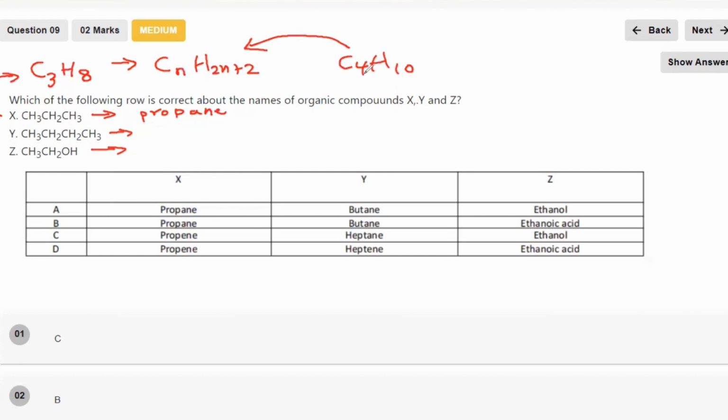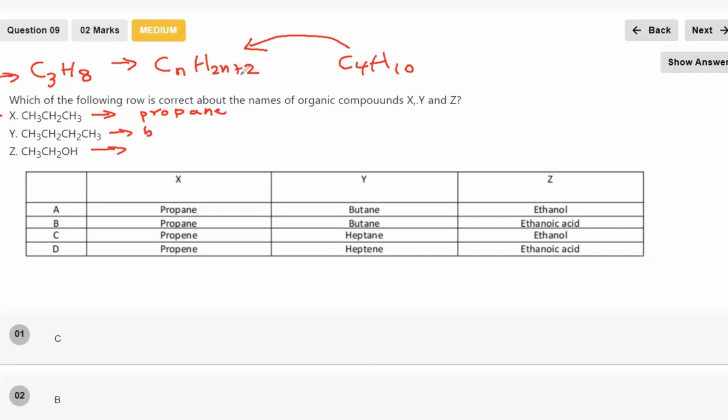Because if the number of carbons is 4 and H is 10, H is 2n plus 2. 2 times 4 is 8, and then plus 2 is 10. That's how the 10 hydrogens have come. So since this molecular formula is also abiding by the same general formula of an alkane, even Y is an alkane.